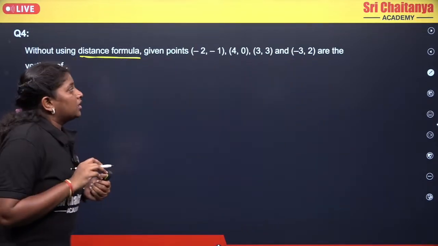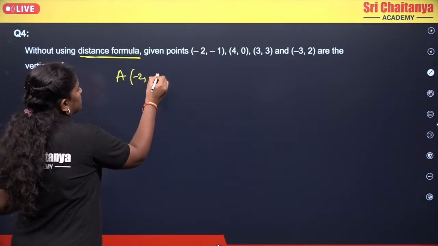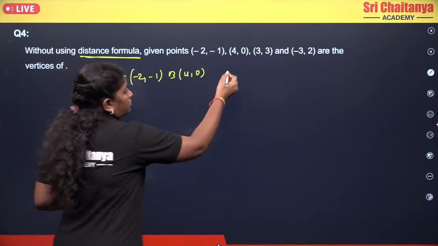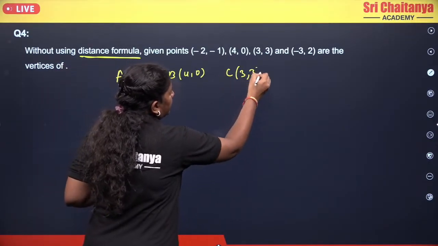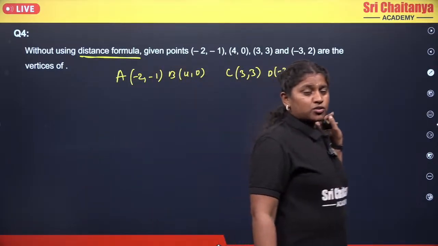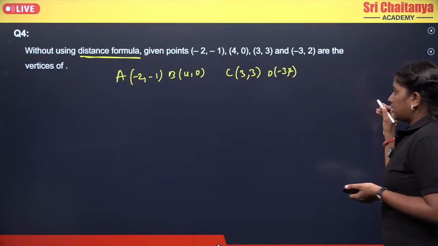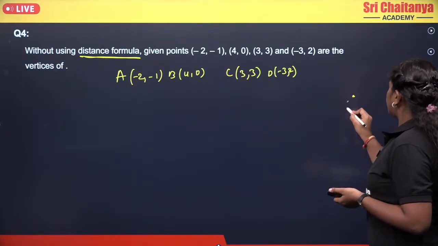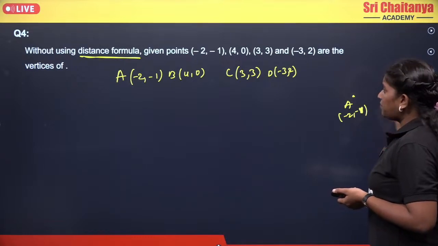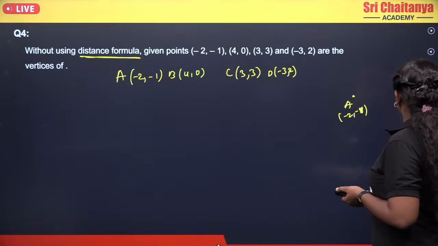Okay. Now take the points A(-2, -1), B(4, 0), C(3, 3) and D(-3, 2). Now if you place those points on your Cartesian plane, you will get A of (-2, -1), and next we will be having B of (4, 0).